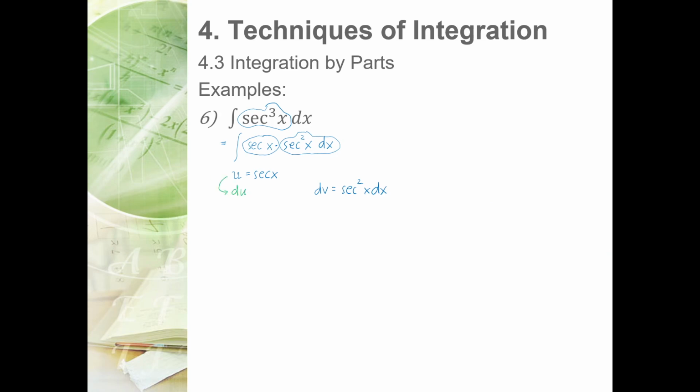So du is equal to secant x tangent x dx, and then the v portion here would be just tangent x. So uv minus the integral of v du.